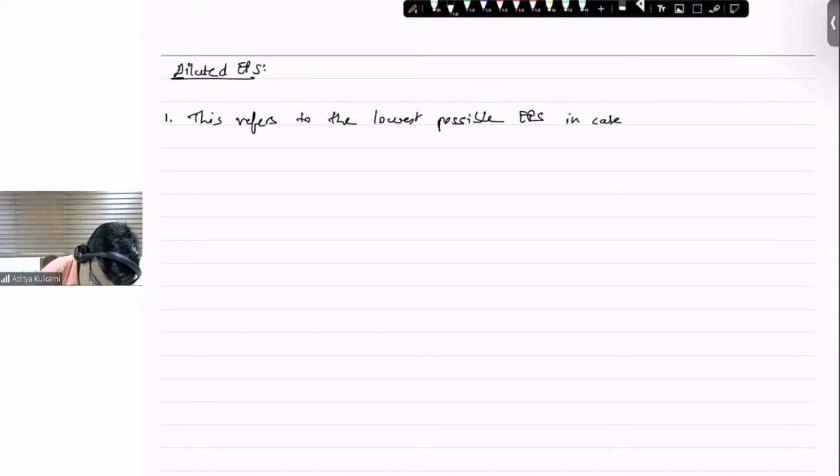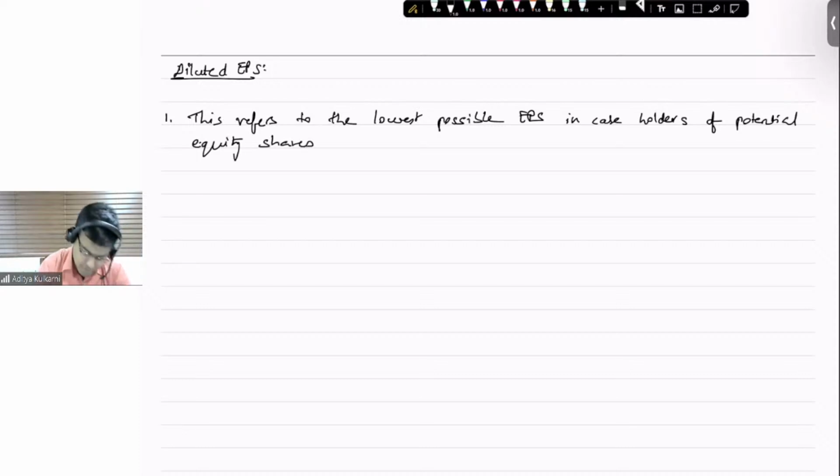This refers to the lowest possible EPS in case holders of potential equity shares exercise the conversion options.